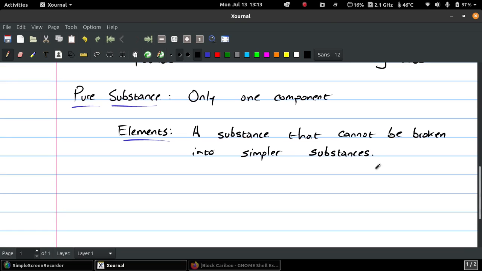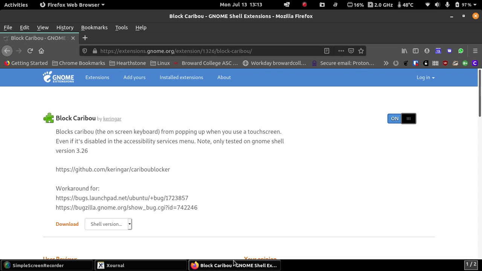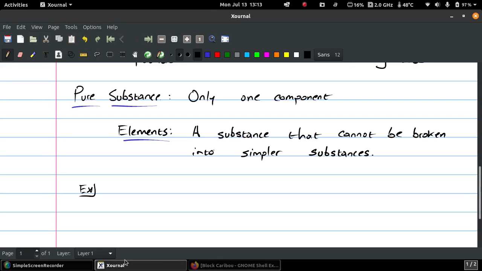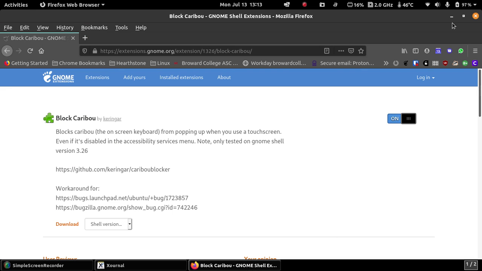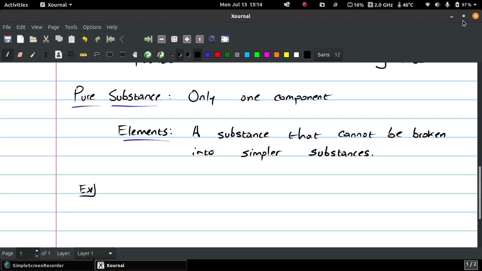Okay, so an example of this would be hydrogen. It's an element. It's the first one on the periodic table.